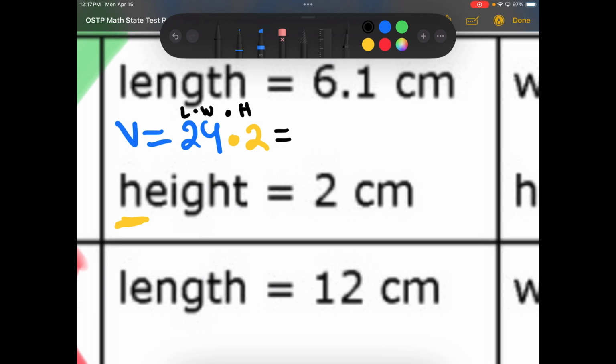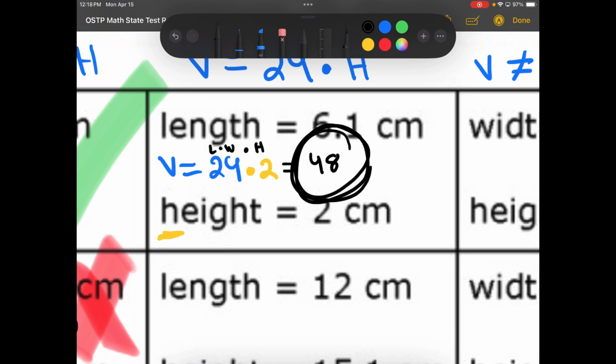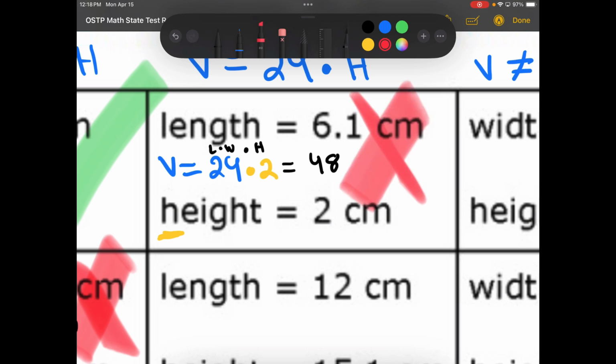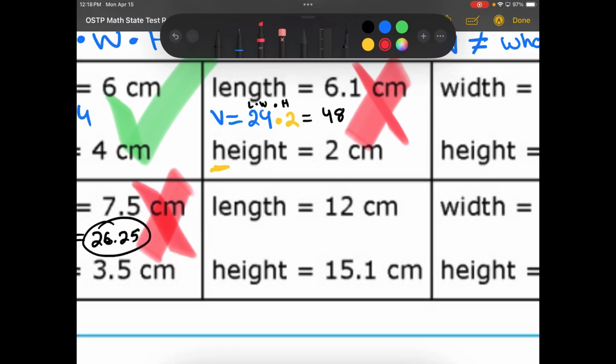Is it not the height that it gave me? Okay, so what is 24 times 2? 48. Can this be a dimension? Yes or no? No, because it says volume cannot be a whole number, so that's not it. Let's go to the next one.